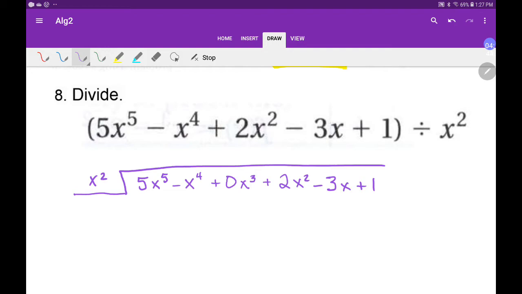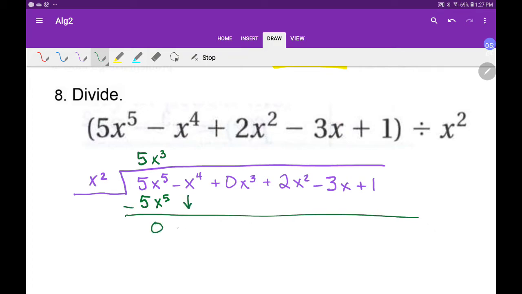Okay, so the question comes in, what do I have to do to get 5x to the 5th? Well, I know I need a 5, and I have x squared, so I'm going to need x to the 3rd. So when I multiply that together, I get 5x to the 5th, and I subtract, and I get nothing. And I bring this down, and I get a negative x to the fourth. And I say, okay, what's next?